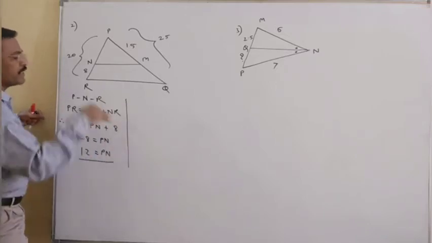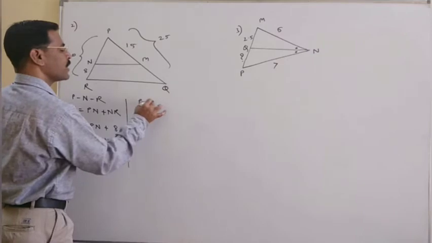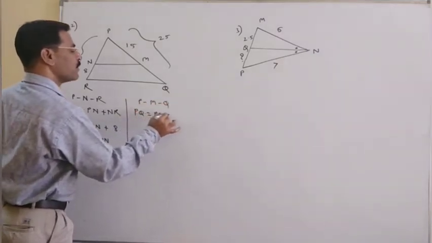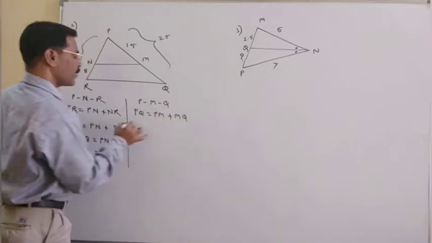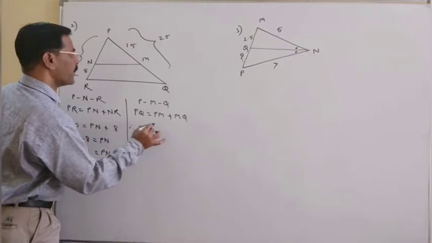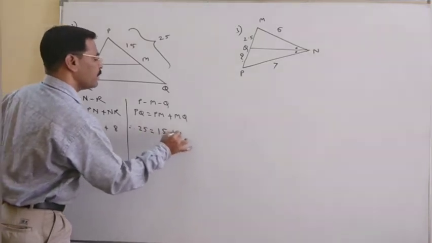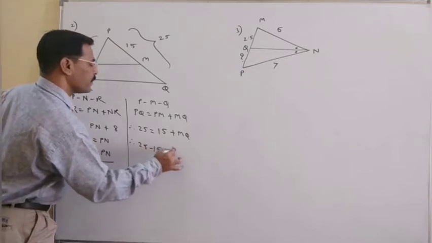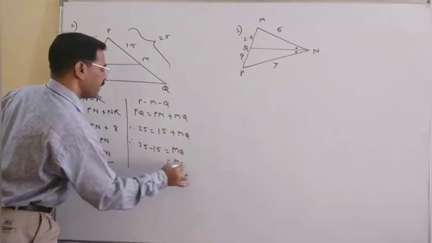Now very similarly on this side, PQ is equal to PM plus MQ. Now we'll put the values. What is PQ? That is 25. PM is 15. And MQ we are going to find. Tell me how much? That is 10.